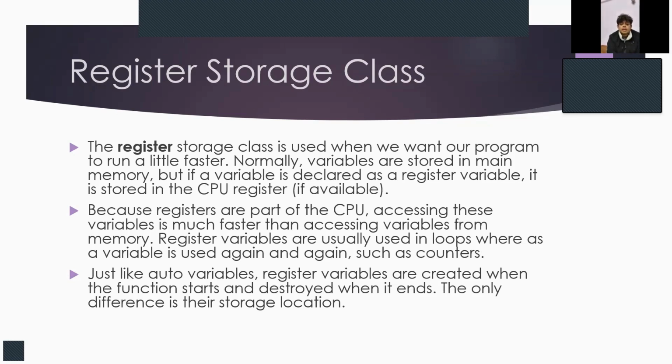Because registers are part of the CPU, accessing these variables is much faster than accessing variables from memory. Register variables are usually used in loops, where a variable is used again and again, such as counters. Just like auto variables, register variables are created when the function starts and destroyed when it ends. The only difference is their storage location.